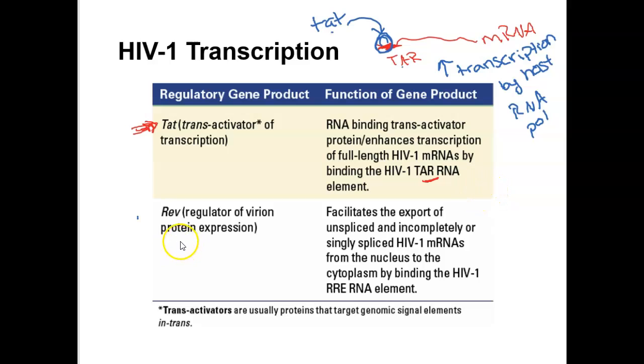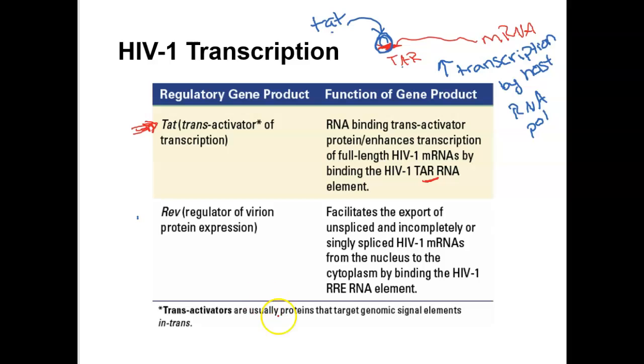And then we've got REV. And REV is really important for protein expression, for translation of the unspliced messenger RNAs. So REV is going to bind to RRE, which is the REV RNA element. And so REV, again, is going to be a protein.